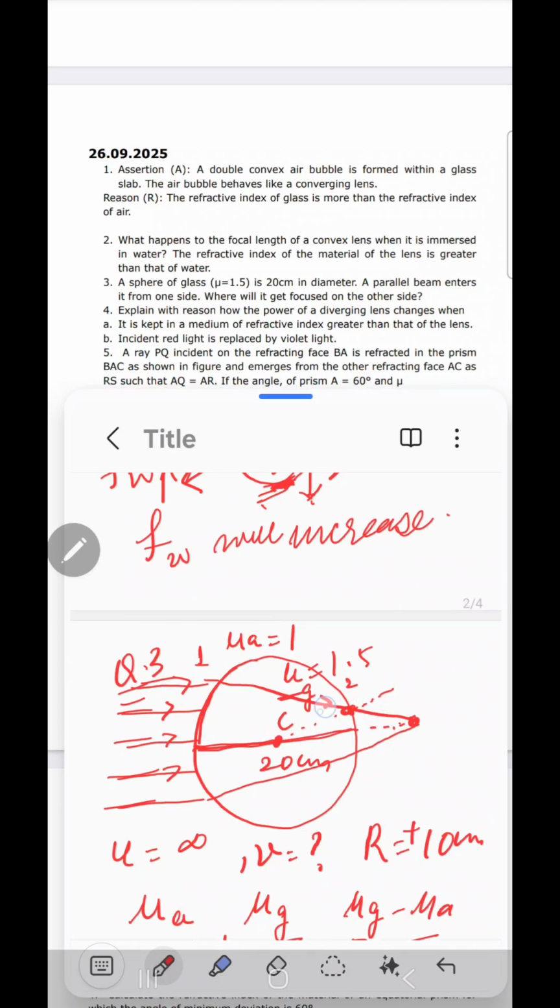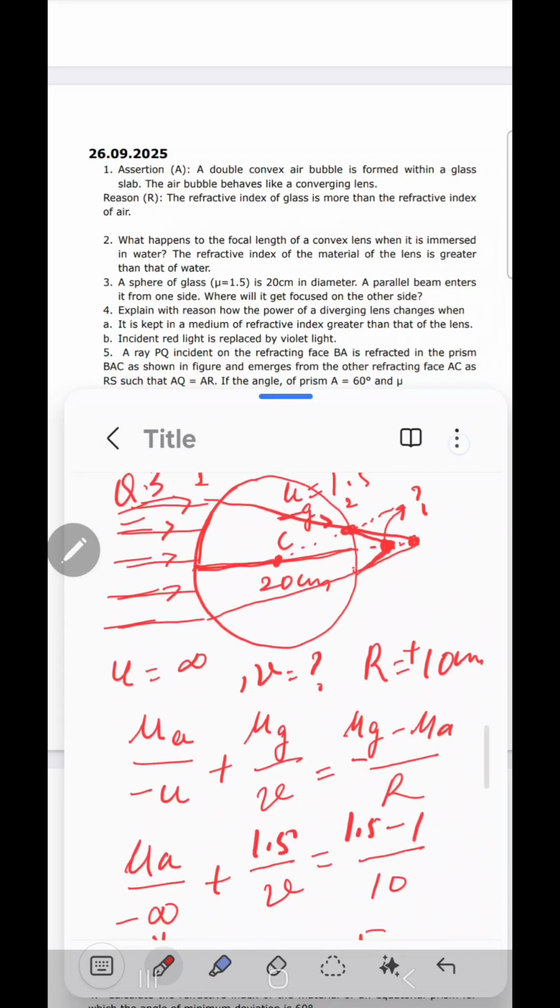Now you see here the incident ray is going from denser to rarer medium, so it would bend away from the normal, and these rays are going to meet at this point, which is nearer to surface number 2. Now we have to check the final position of the image. This position I want to calculate, when these rays get refracted through the second surface, where the image is being formed.